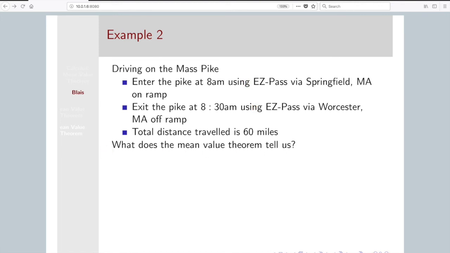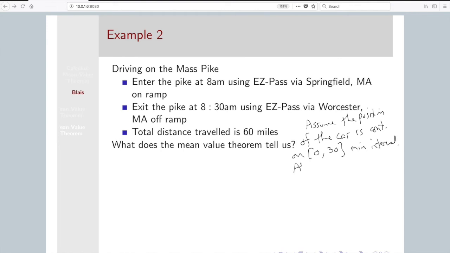Question is, what does the mean value theorem tell us? We do need to make an assumption. So we assume the position function of the car is continuous on that 0 to 30 minute interval.